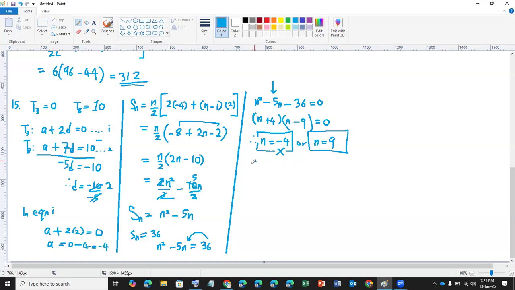So it is the ninth term, for n equals 9, that will give us the sum of 36. Let me just leave it as the first 9 terms.